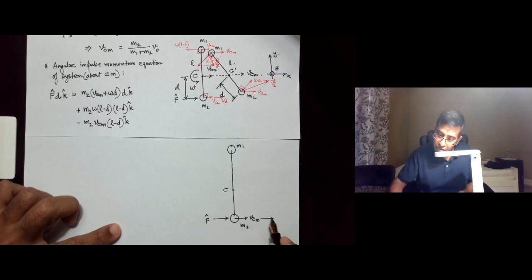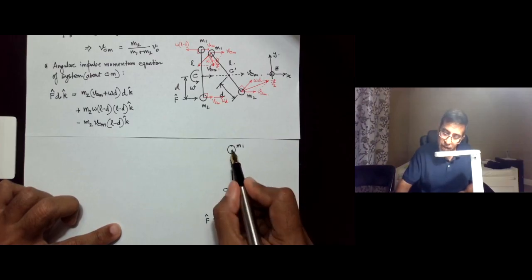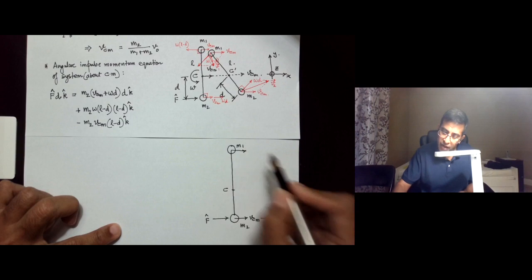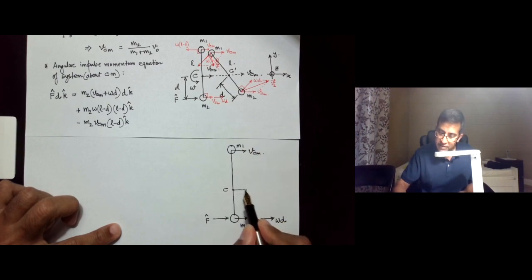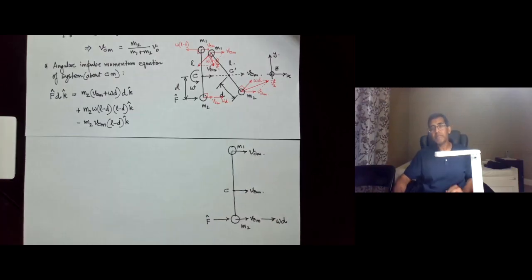Due to the rotational impulse momentum interaction, it's going to have another velocity omega times d. M1 on the other hand will have again the same VCM, and that VCM is the same as the center of mass's velocity.